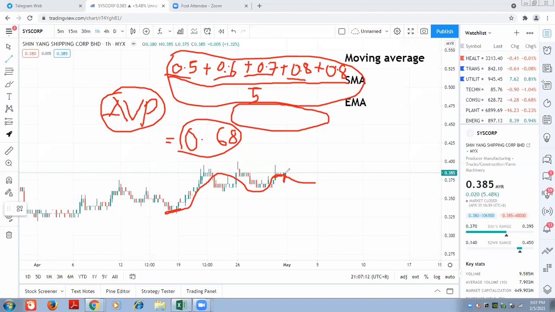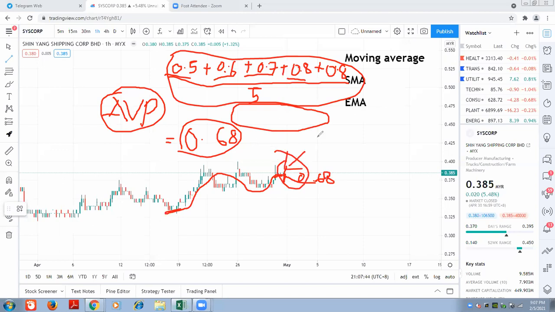It also goes to the mathematical things. Normally the average is 0.68, and then suddenly the price moves up to 0.8. So it will trigger something.